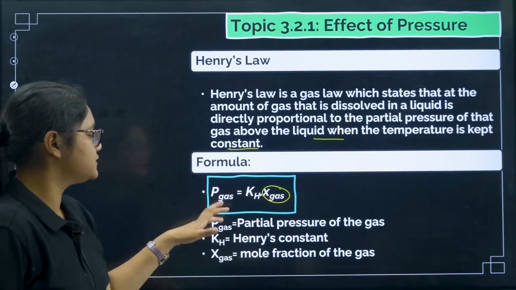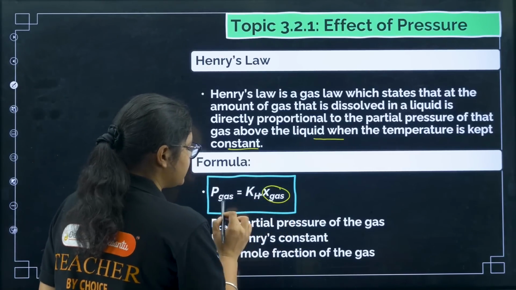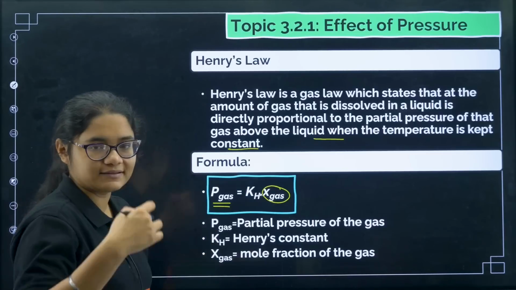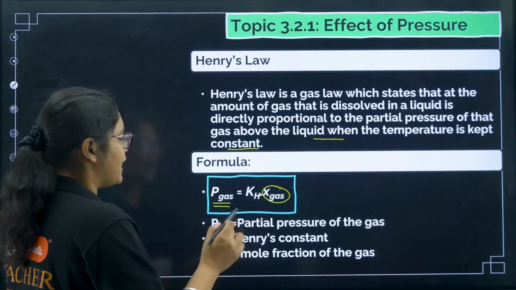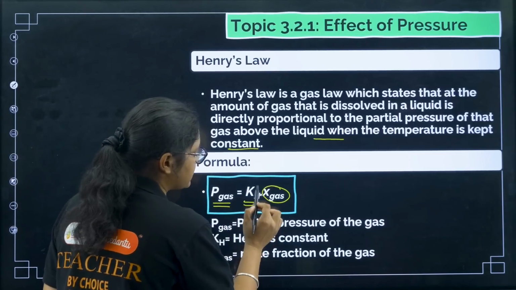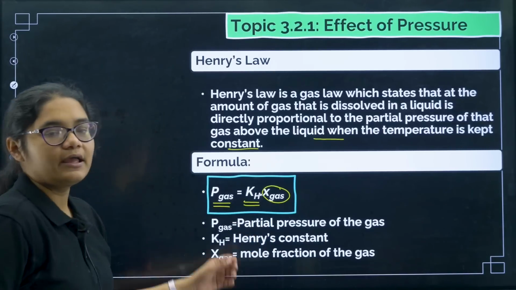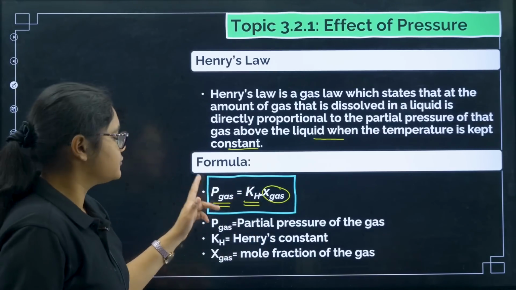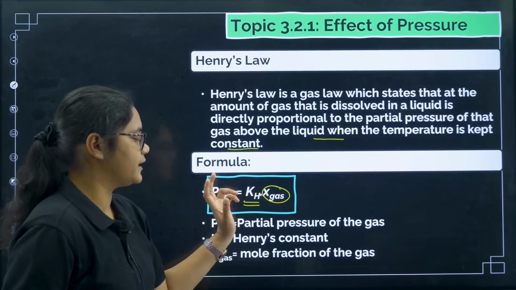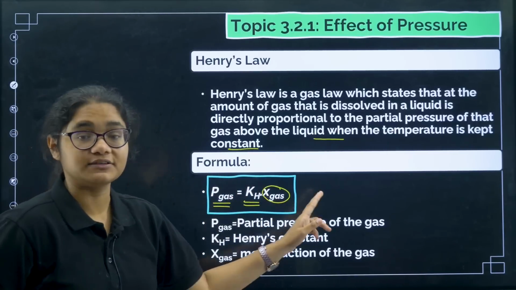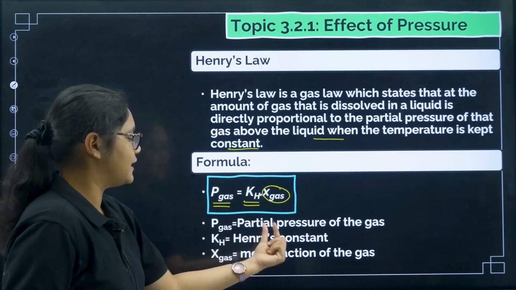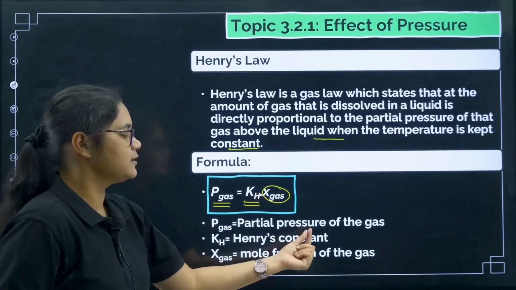Solubility is proportional to the partial pressure of the gas above the solution. And to remove that proportionality, we multiply a term, that is Henry's constant. So P of the gas is equal to Kh into X of the gas, where P of the gas is the partial pressure of the gas, Kh is Henry's constant, and X of the gas is the mole fraction of the gas.